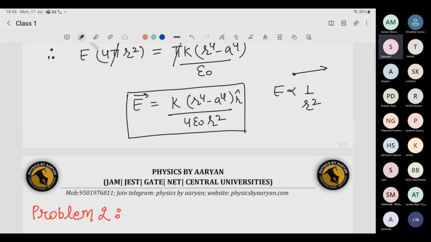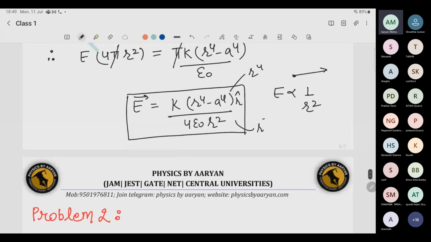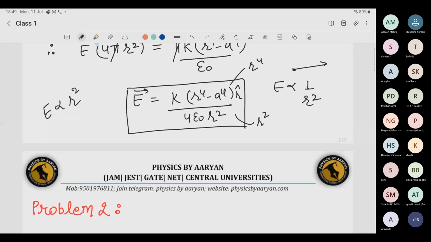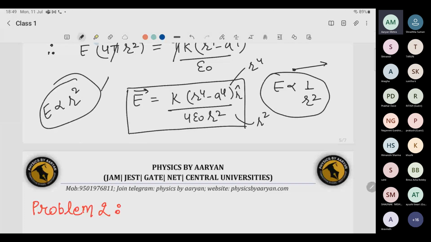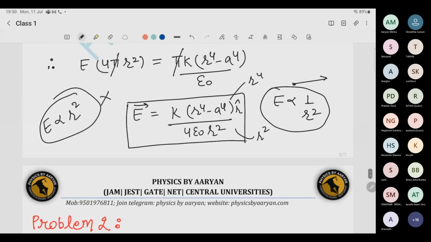But here, your numerator is r raised to 4 and your denominator is r square. So how can this happen? We should get this, we should not get this. This is wrong. But this answer is also right. This answer is absolutely right. Then what is the problem?